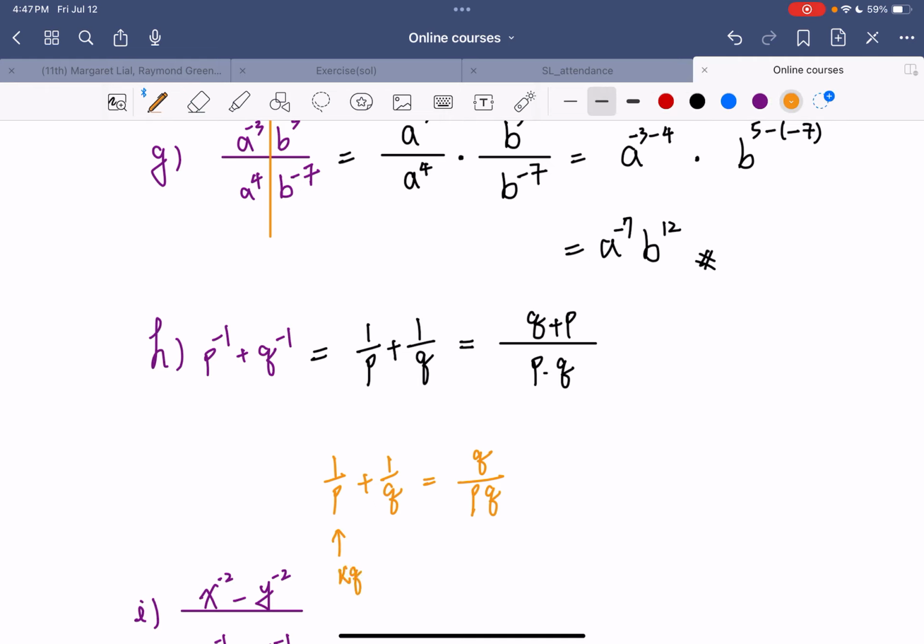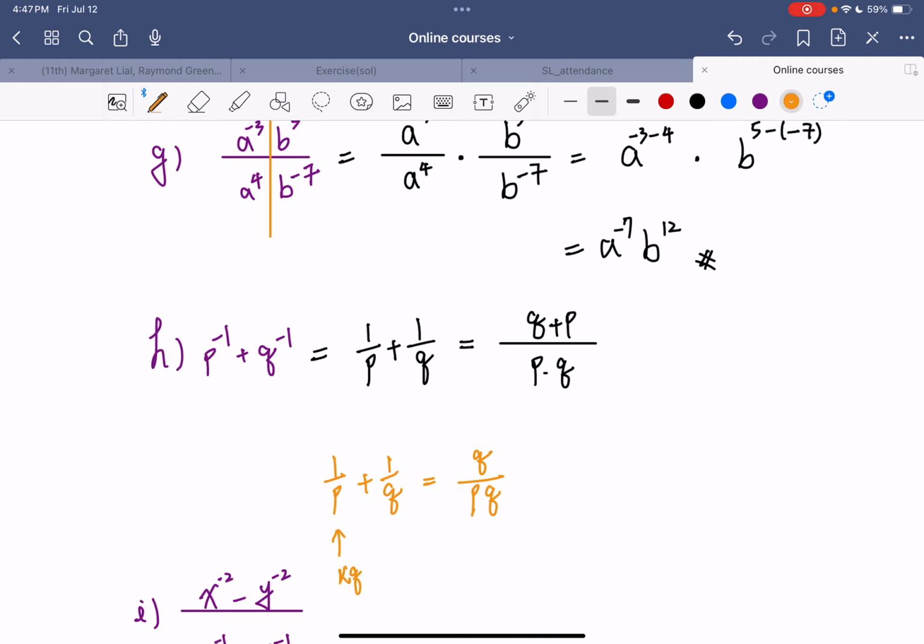And next step, what we're going to do is, for the numerator, they times each other in the small numerator here, and then we got y squared minus x squared.